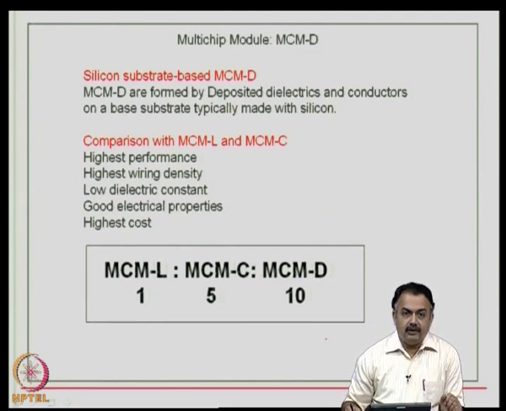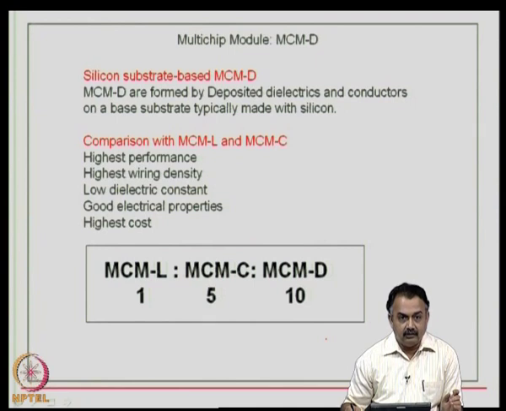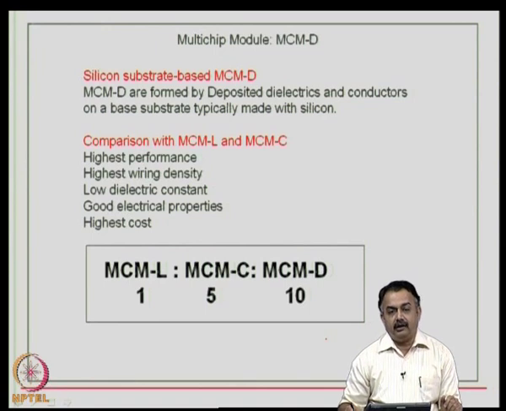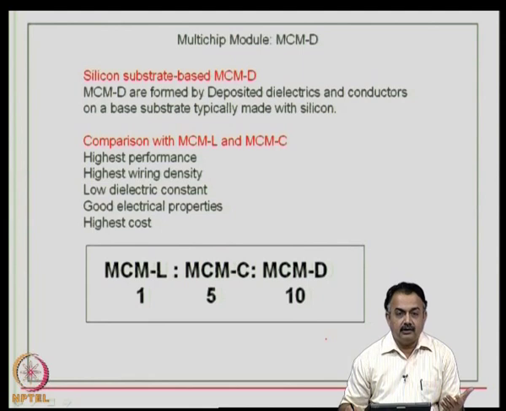Now, if you look at MCMD, D stands for deposited thin film. The fabrication is similar to the silicon substrate based process, and these are formed by depositing dielectric materials and conductors on a base substrate typically made of silicon. So, it is something like using a wafer fabrication process, but on a slightly macro scale, because it is a package substrate.